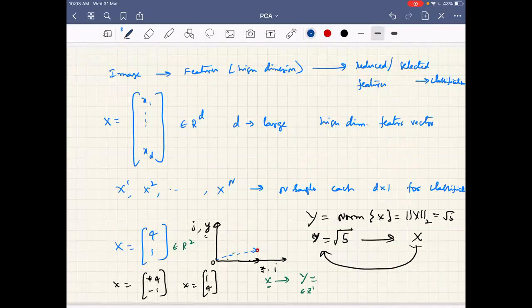The reconstruction error after projection has to be as small as possible. That is one guideline. That means most of the information of the original feature vector has to be preserved. Is this fine or not? The information of the original feature vector has to be preserved even in the reduced dimensions. That is one requirement. Any other things?